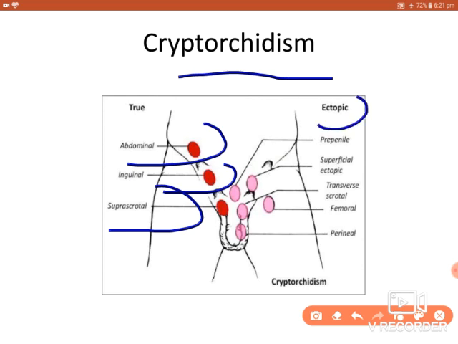It is different from an ectopic testis. An ectopic testis has taken a different pathway of descent. The normal pathway we know, I explained in the previous figure.